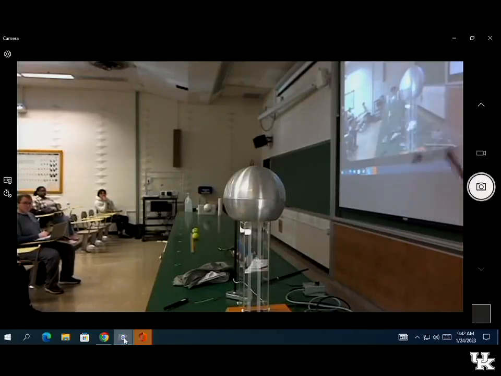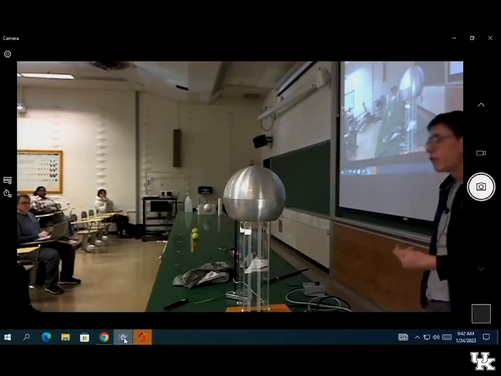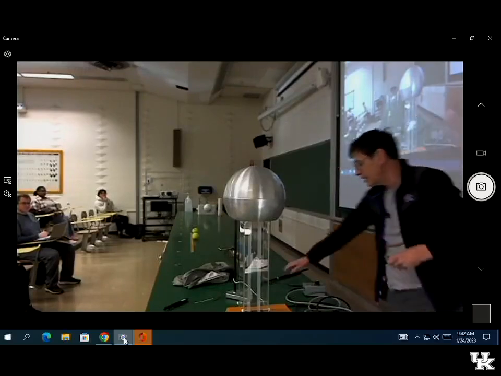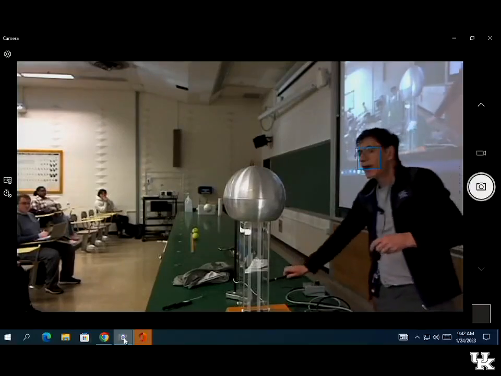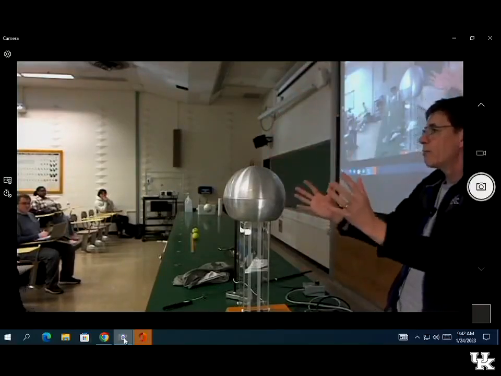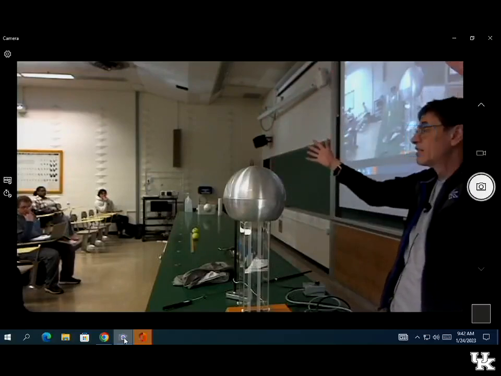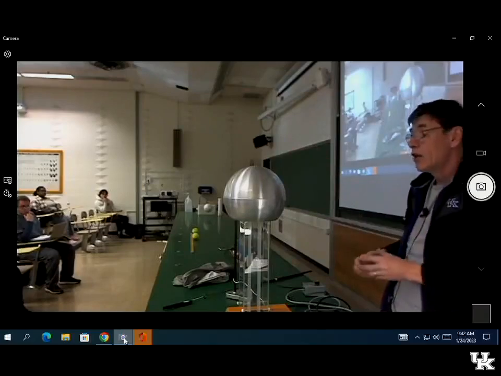So I'm going to make the electrical field with the Van de Graaff generator here. If I set it running, it's going to accumulate charge upstairs here on the metal sphere. And surrounding that charge, we now know to visualize this field that is expanding outwards through space, everywhere through space from that charge.